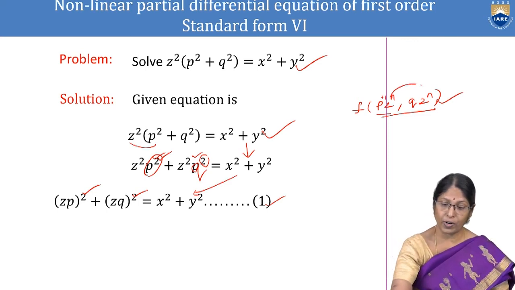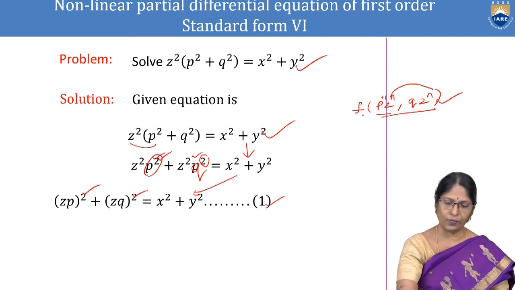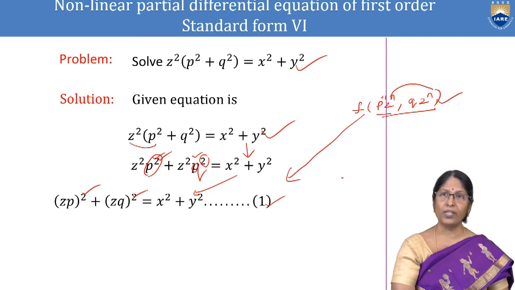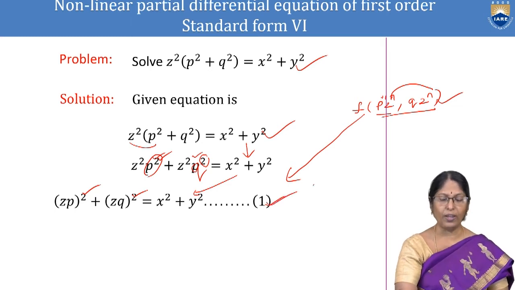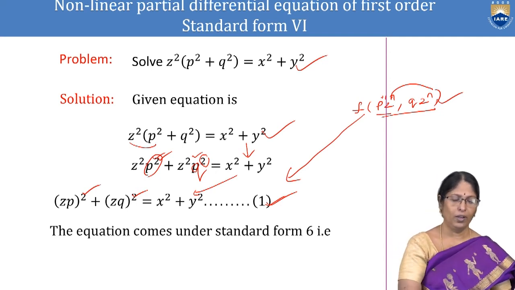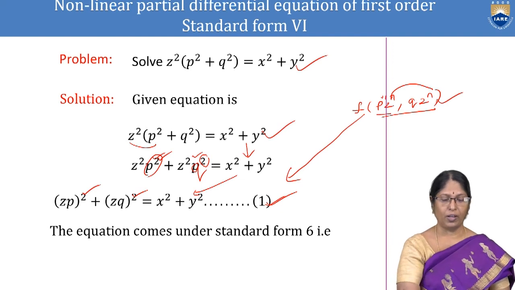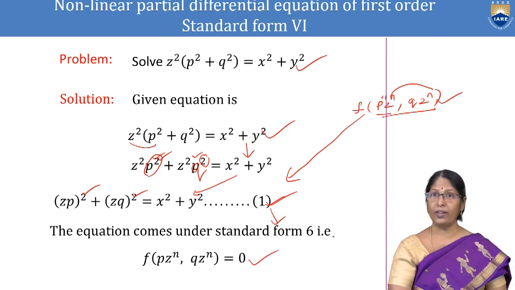In the n power also there are two cases: equal to minus 1 is one case, not equal to minus 1 is another. So to satisfy standard form 6, our given question is modified in such a way, and we named it equation 1. So the given equation now comes under standard form 6. Yes, it is satisfied.